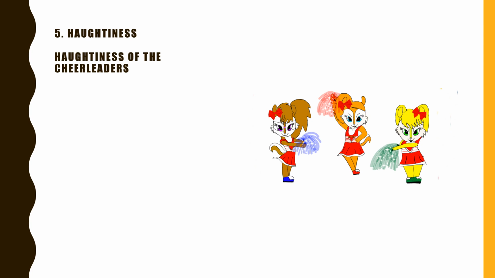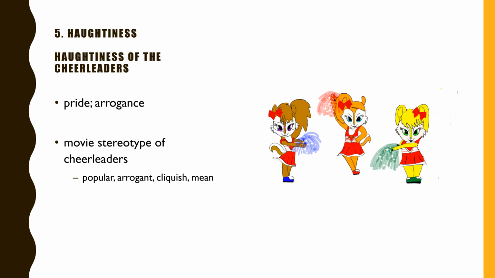Haughtiness. Haughtiness of the cheerleaders. Haughtiness is the pride or arrogance, that is being haughty, the adjective. And so this is nothing to criticize, nothing against cheerleaders in general. This is only in reference to the movie stereotypes of cheerleaders. When you watch teen movies, a lot of times they show different groups of people in a high school, and the cheerleaders become a stereotype of this kind of attitude.